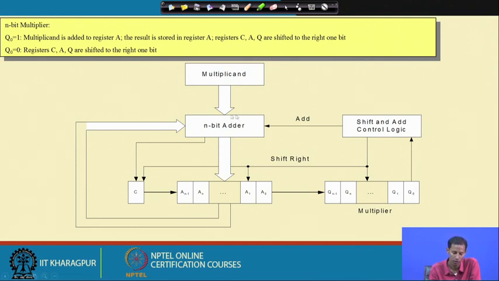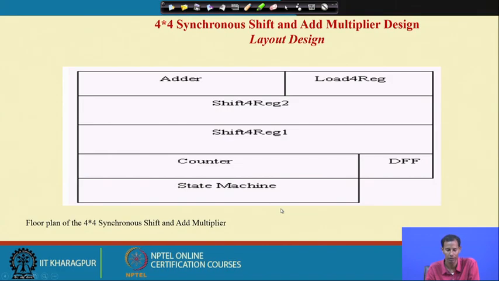Based on that it will be added in a repetitive manner. Okay. So, this is nothing but a synchronous shift and add multiplier.